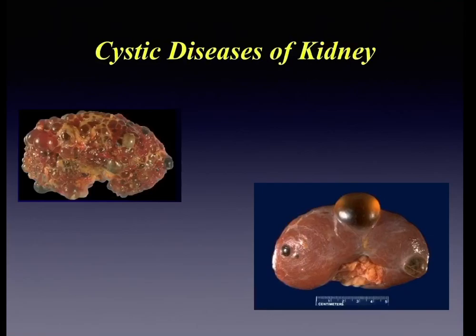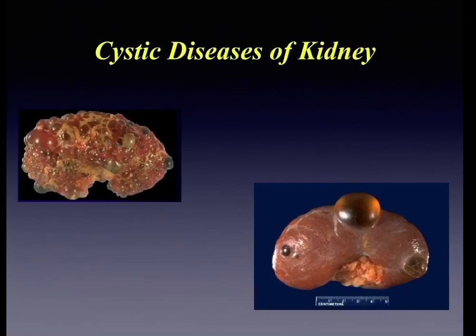Now coming to the cystic diseases of the kidney. These diseases are important for certain reasons. One is they are common, and these cystic tumors can sometimes be confused with some malignant tumors, so they have to be morphologically differentiated from them.